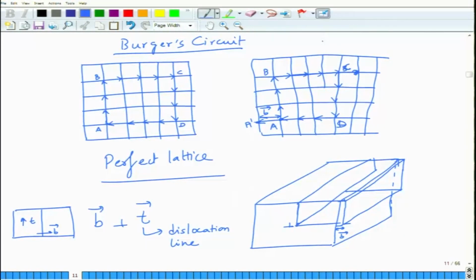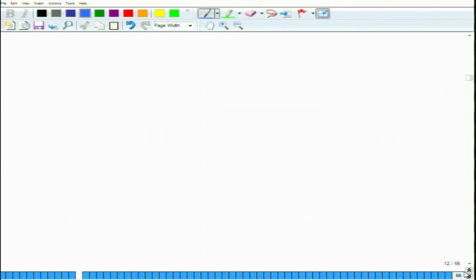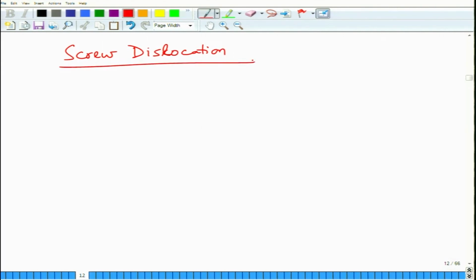The second dislocation present in materials is called the screw dislocation. It is formed by shear action, as if you have a shear in the material. For this I need to take the help of an illustration.